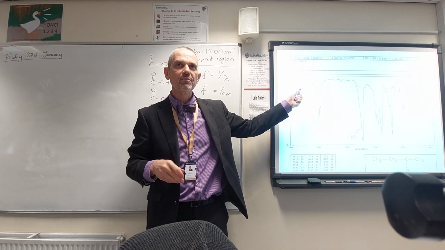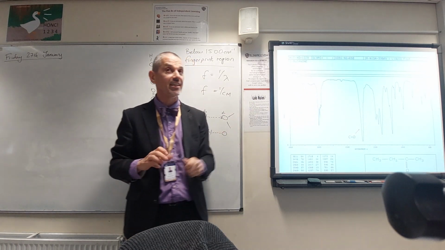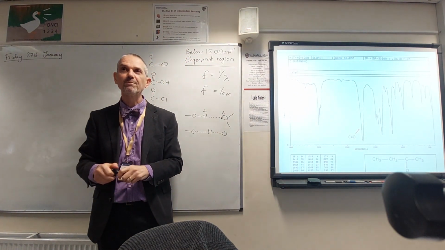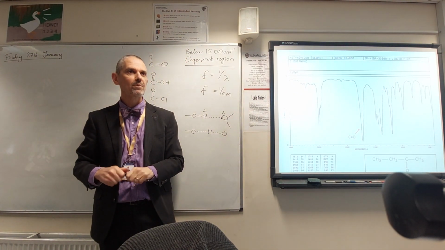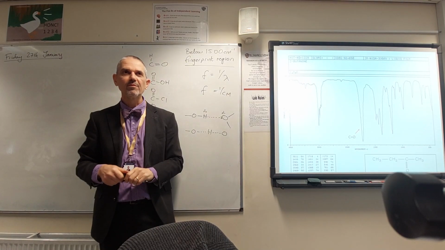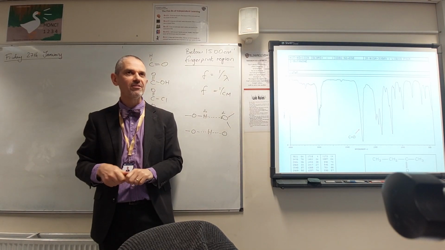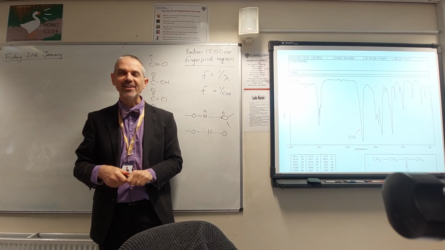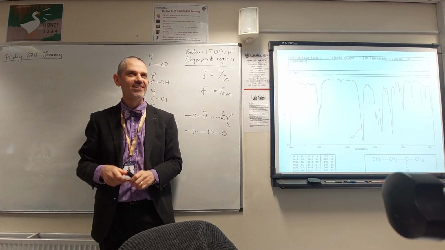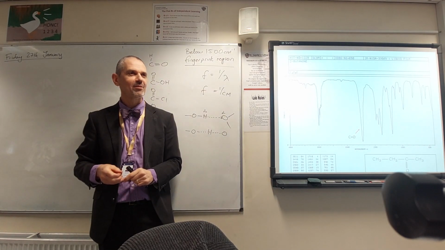Anyone? I'll give you a clue. It's an impurity. It's not something that should be there. What impurities do we know that have lots of OH in? Like on University Challenge here, there's a little bit of consultation going on.